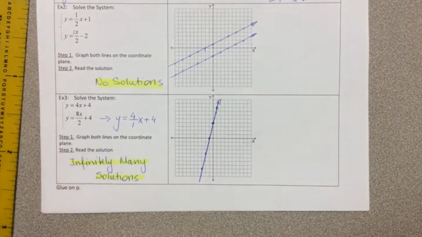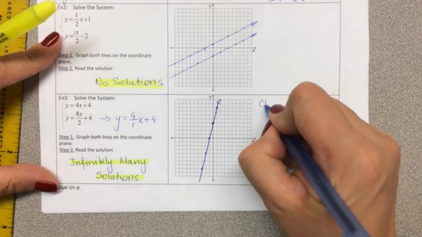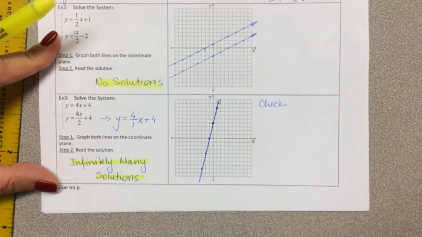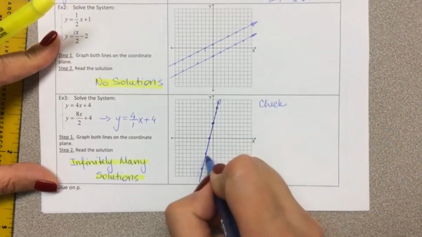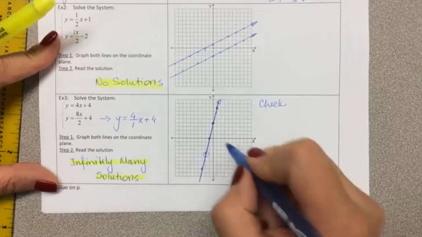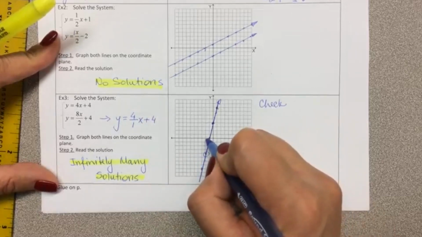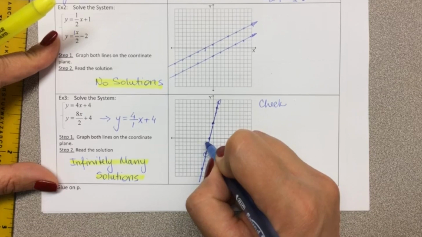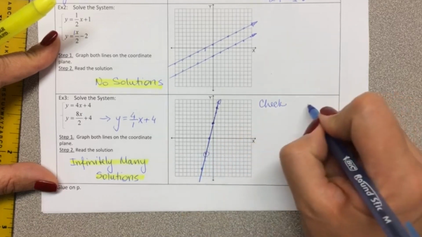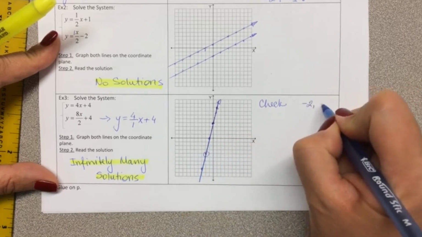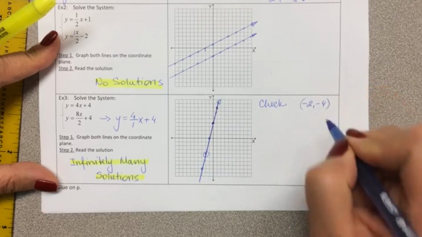Let's see here to check. What point should I pick to check? I can pick any point on the line. Let's say I pick any random point, such as negative 2, negative 4.